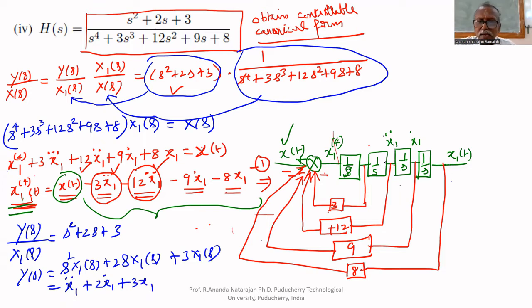So take the double derivative. The double derivative is available here. Add them together to get Y of s. The double derivative, 2 times the single derivative. Sorry, this is the third derivative.